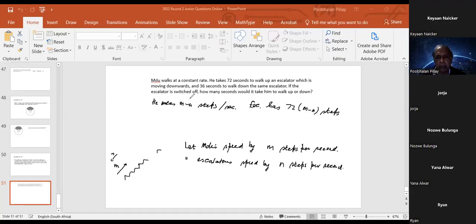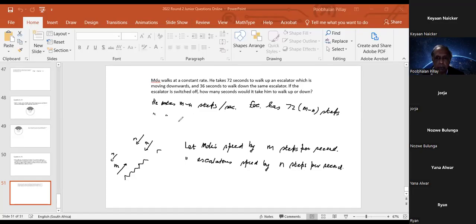Now, when it is moving downwards, he's going faster now. When he's moving downwards, the speed of the escalator is helping him.